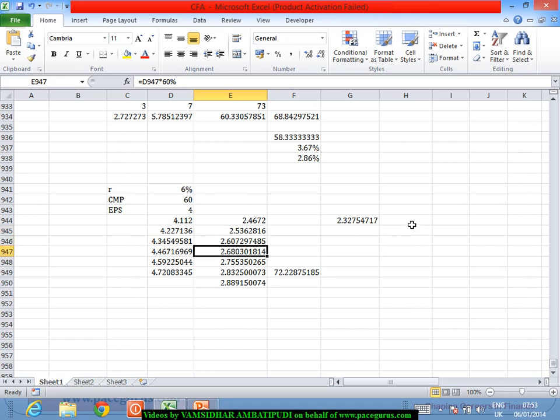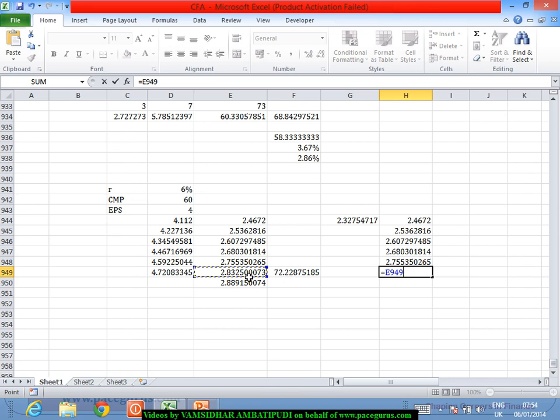Otherwise, I can directly use the NPV approach, wherein I take the first years' cash flows, the 6th year's cash flow separately, and also from the 7th year onwards till infinity, whatever cash flows have come out. So this is the value at the end of the 6th year.